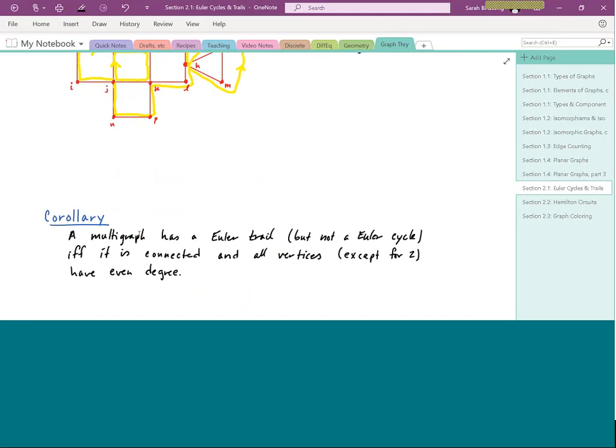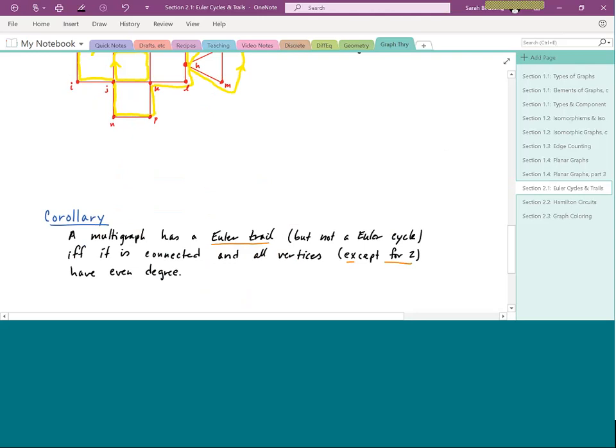cycle to an Euler trail. And let me go ahead and highlight this. We're looking at an Euler trail. Now remember, the difference between the trail and the cycle is the trail is not going to end at the same vertex where you started. So here, you're only going to get the Euler trail, which still has to visit all the edges if you're still a connected graph, but now all of your vertices still have even degree except for 2 of them.